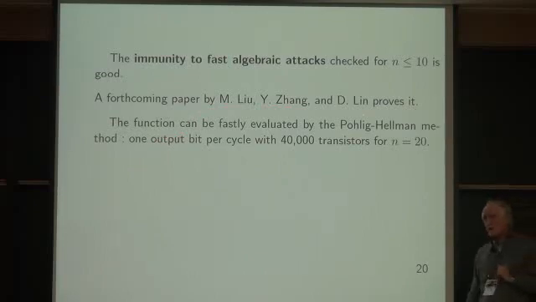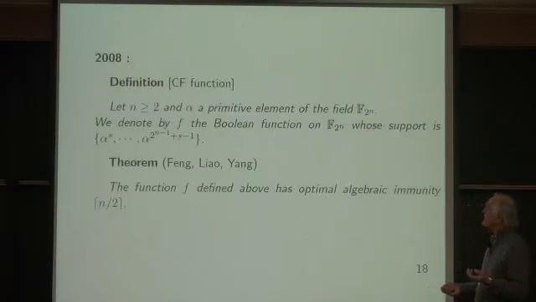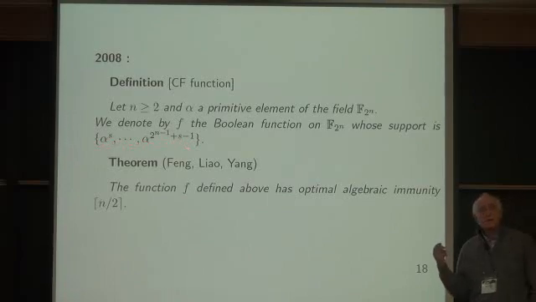And there was also an issue about this function: is it fast? Is it fastly computable? When you look at the function, to know if f of x is 1 or 0, you need to know if x is a power among these powers, then it's 1, or if it's among the other powers.